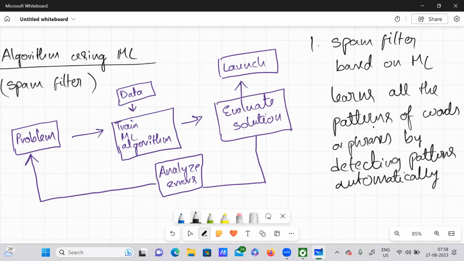Learning all the patterns of words or phrases, what does it mean?